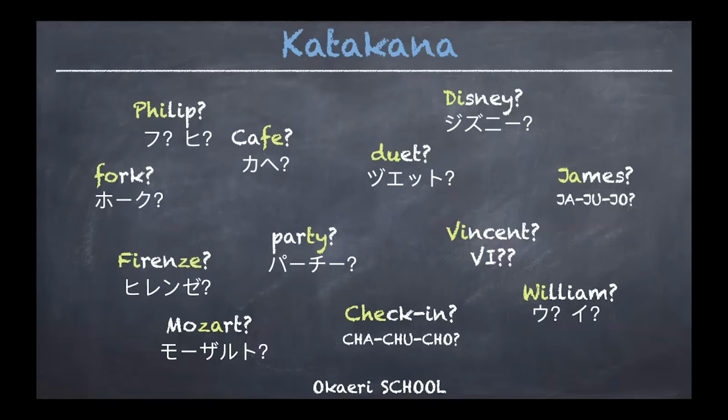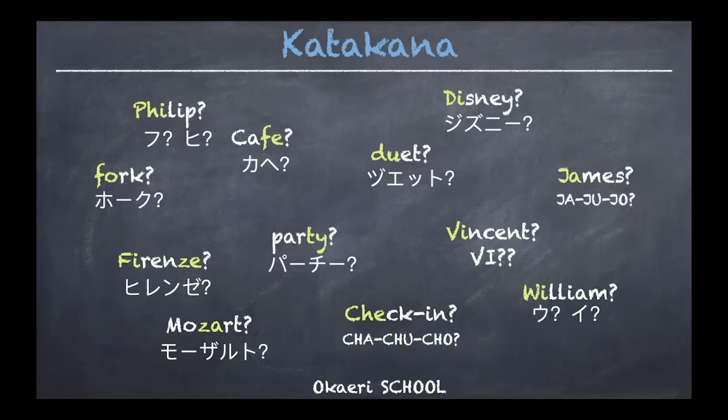So fork will be hawk. Cafe will be kahe. How do we write them down? Firenze, the Italian city, which is Florence in English. Firenze we call it in Japanese. Fi and ze sounds, did we have them? Firenze, party will be party.